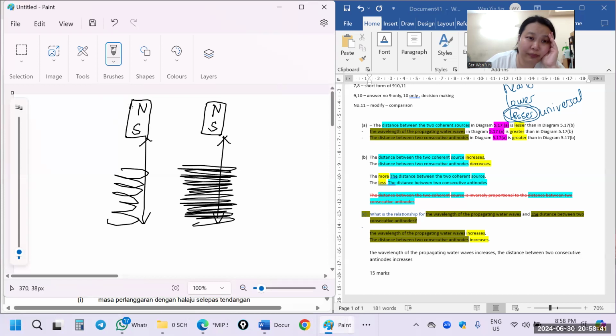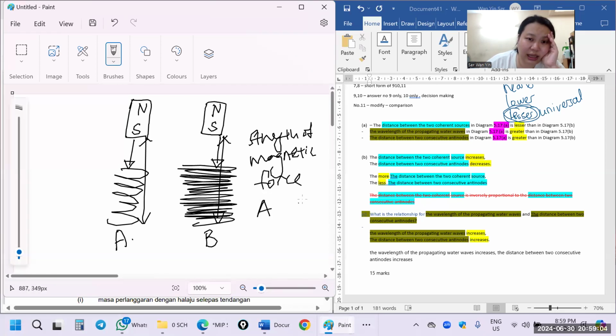They say they drop the bar magnet down once in A. Then they drop the bar magnet down another time in B. They ask to compare the strength of the magnetic force in A and B. Actually you are using the same magnet, so it is the same, understand? So remember, compare can be more, greater, lesser, or equal.